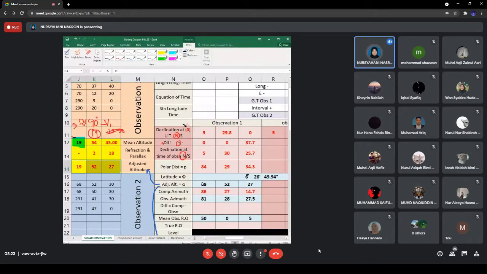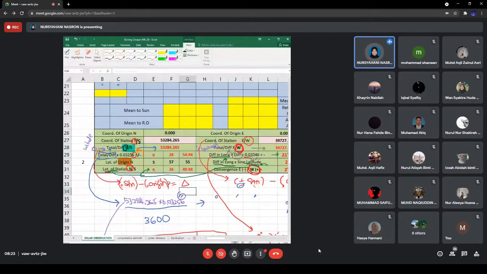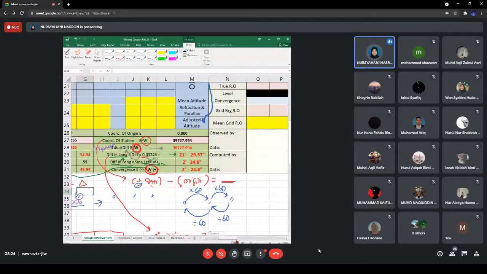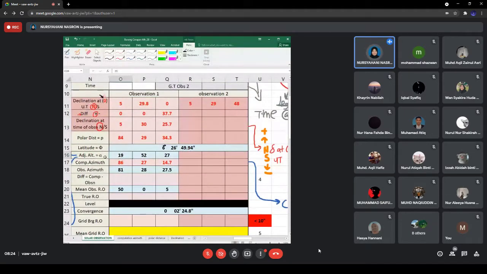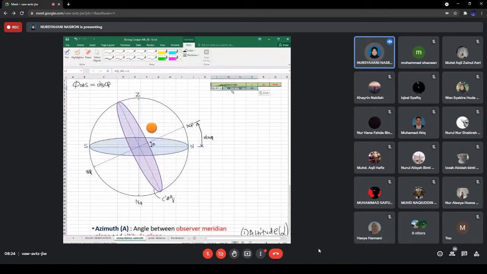You put it in the row of adjusted altitude, and the latitude of observation we already have at stage 2. From the stage 2 calculation, we get the latitude of the station and also the adjusted altitude. I put the adjusted altitude here, and then the declination.